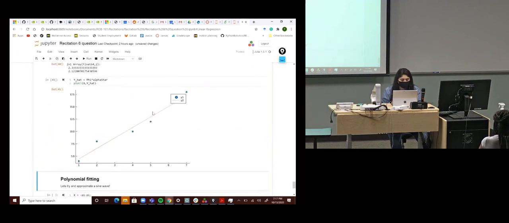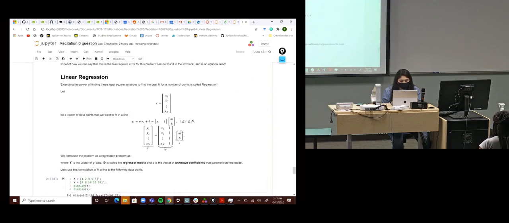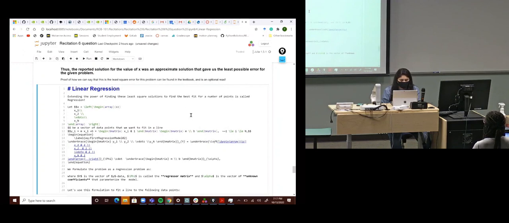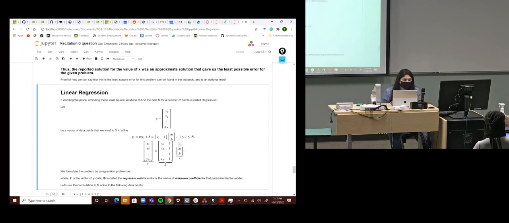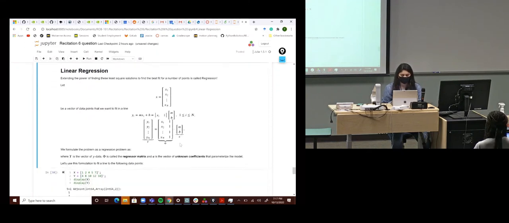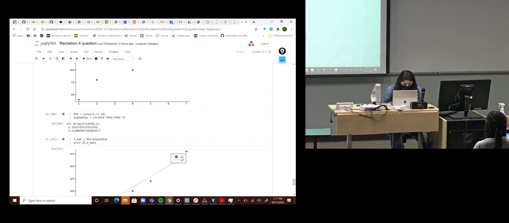So we know the alpha star, which is basically our m and b. So we found the slope of our line, and we found the intercept, the m and b. From here, I can tell that my m is 2.3 and my b is 2.1 something.